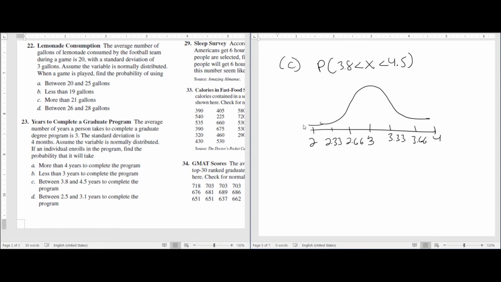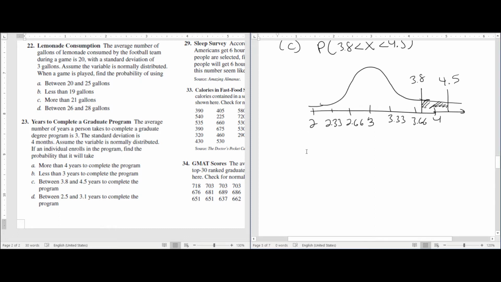All right, so we want between 3.8, around here, and 4.5. 4.5 is, this is a weird looking tail, let's continue this. 4.5 is around here. So it should be a very small probability because we only have that last portion of the tail. So this is going to be called x1, and I'll call this x2.